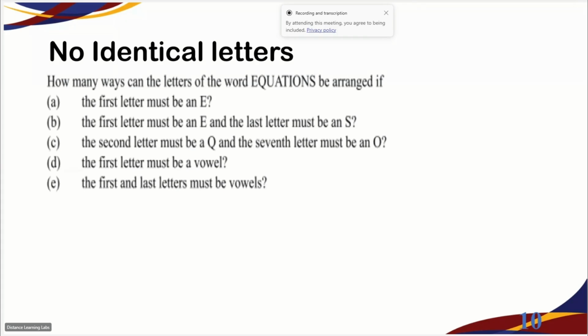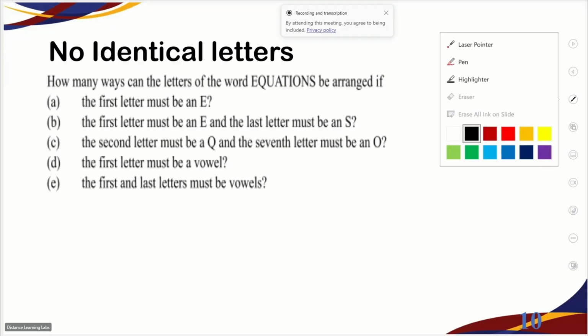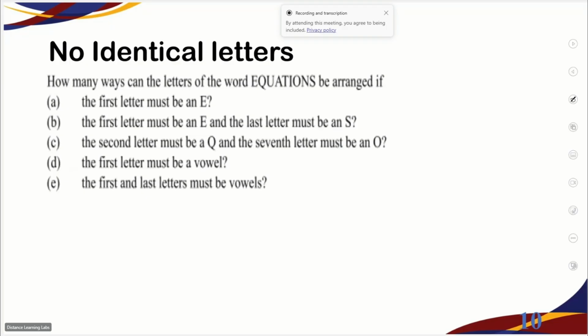It says here, how many ways can the letters of the word equations be arranged if the first letter must be an E? Now there is the restriction. The number of letters in a word gives us the number of spaces that you are going to create. It works much easier if we create the spaces.